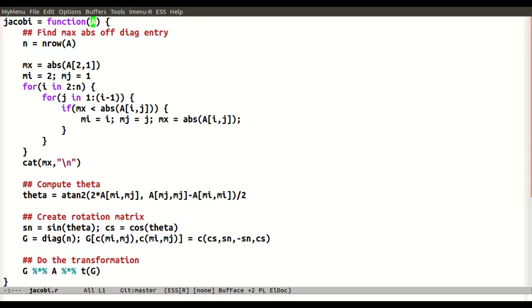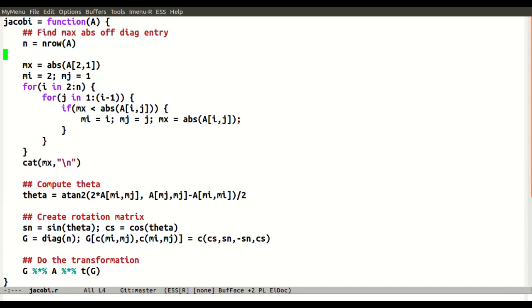It's a good idea to first write down the main steps. So the first step here is this comment: find the maximum absolute off diagonal entry. After we find it out, we compute theta based on that, and then we create the rotation matrix, the Gibbons matrix, and finally we do the transformation. So these are the basic things.